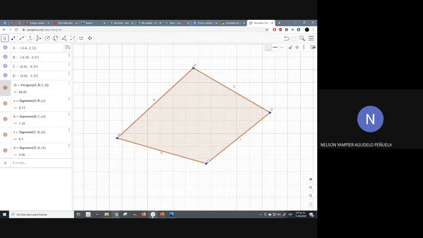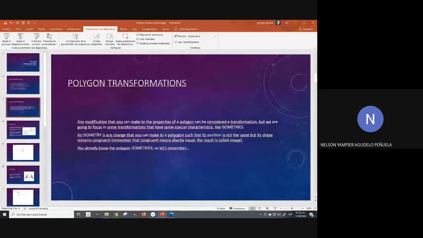Remember, an isometry is any change that you can make to a polygon such that its position is not the same. So it changes the position, but its shape, remember, shape es la forma, remains congruent. And congruent means that it's exactly the same.